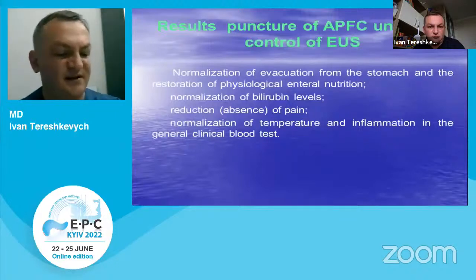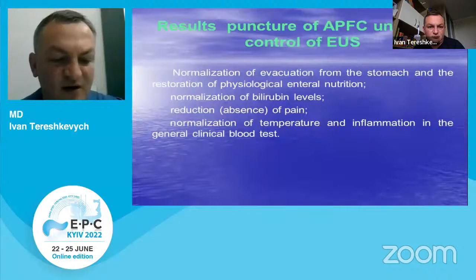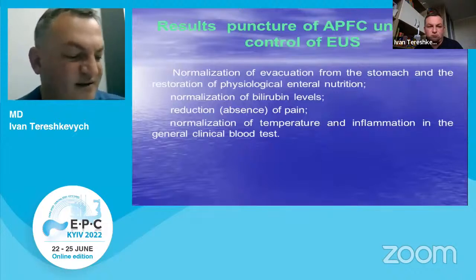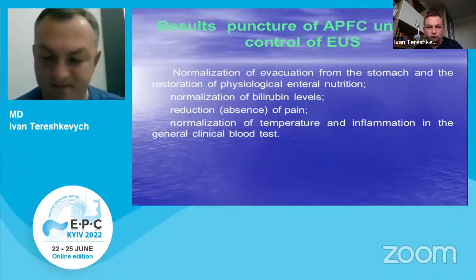The positive results of treatment were the normalization of evacuation from the stomach and restoration of physiological enteral nutrition, normalization of bilirubin levels, absence of pain, and normalization of temperature and inflammation in the general clinical blood tests.